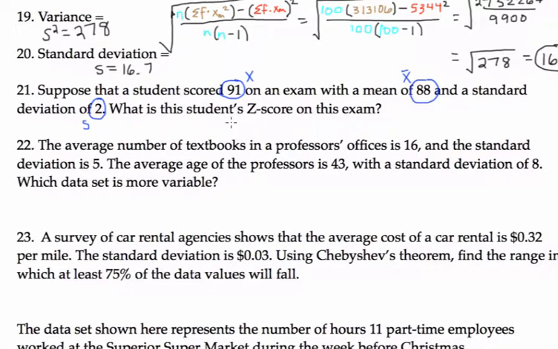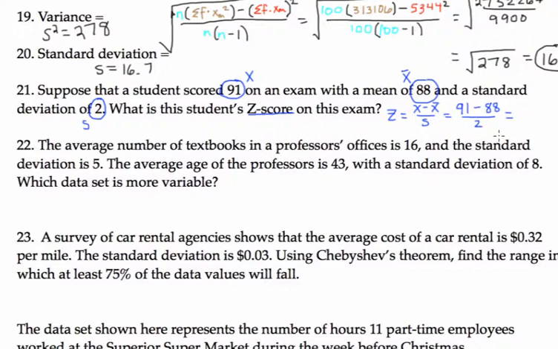Go on your formula sheet, find the formula under Chapter 3 for z-scores. To find a z-score, my formula sheet says I take x, the data value, minus x bar, the mean, and divide by s, the standard deviation. Our x was 91, minus our mean was 88, divided by our standard deviation was 2.